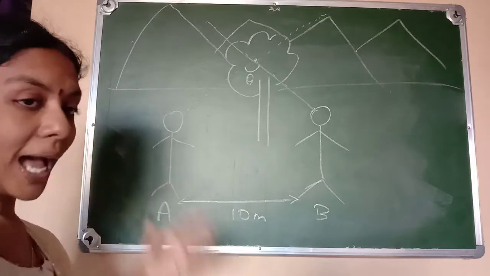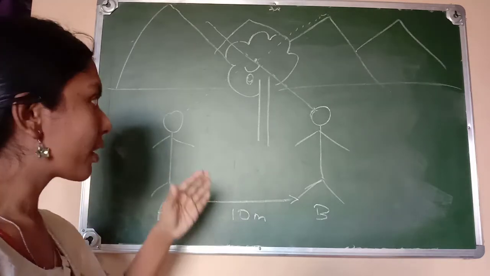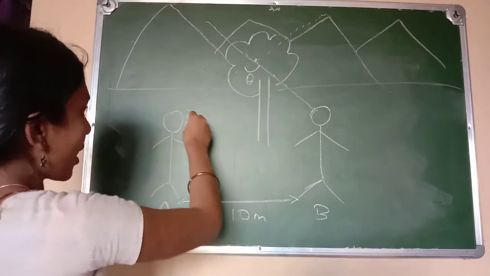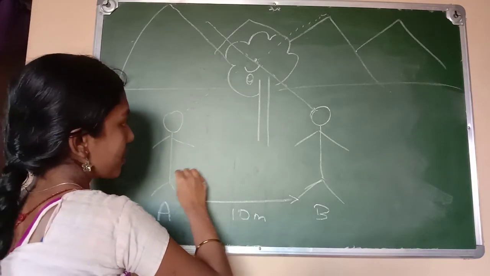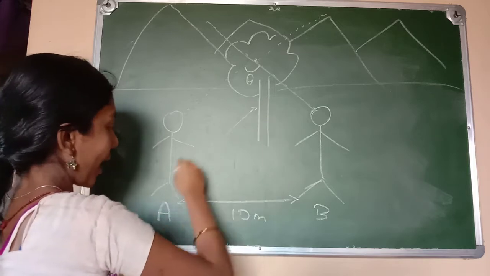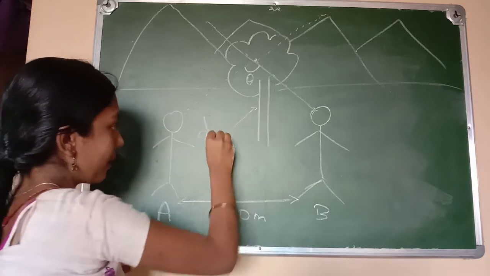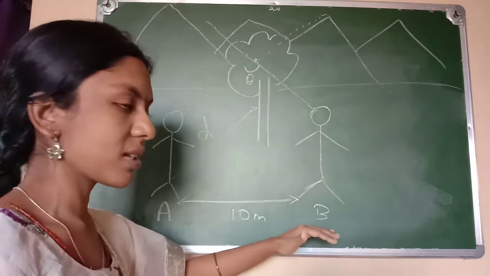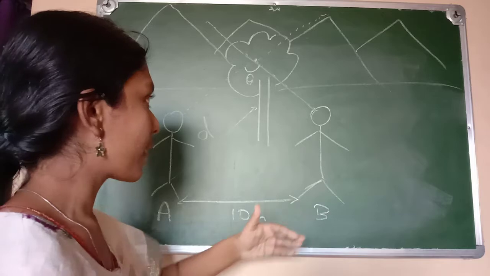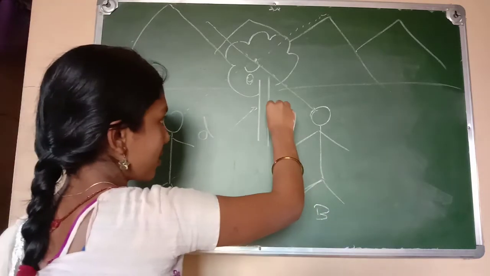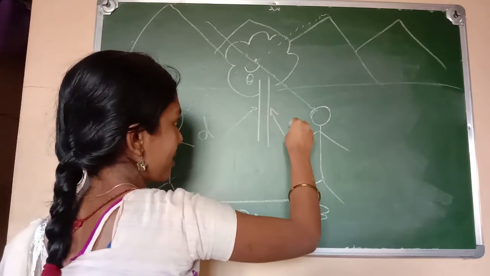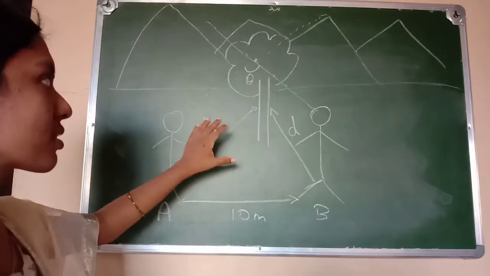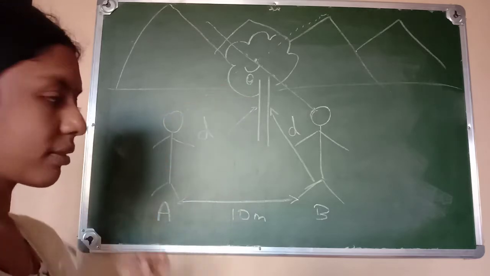So I guess you're getting an idea where this is leading to. So here, say the unknown distance from the person A to the tree is D, and since this person has just moved in one direction, without moving forward or backward, he has just moved to his right, this distance remains the same, D. So here you are getting an idea, this is a planar angle, let us say theta.